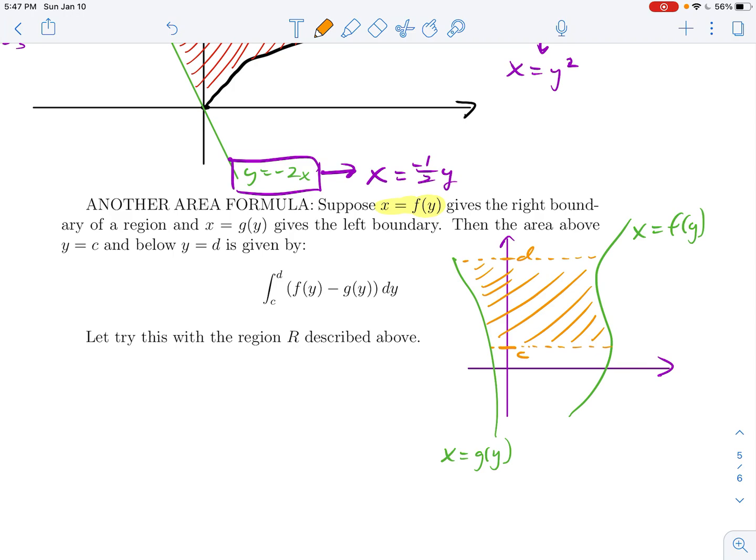Well, it's really the same kind of issue as before, but with different orientation.